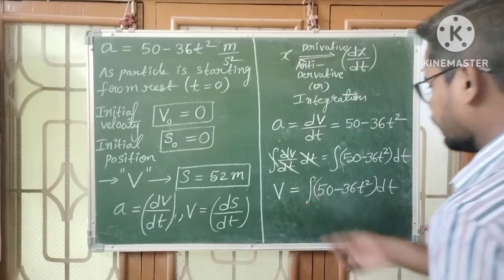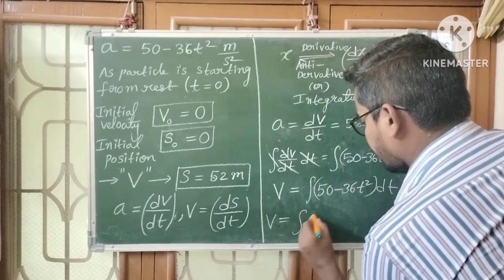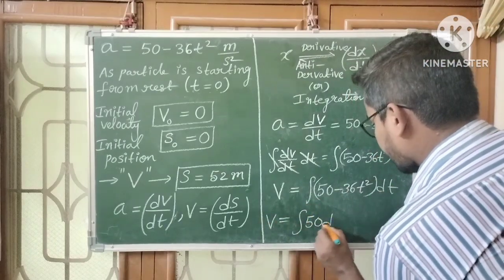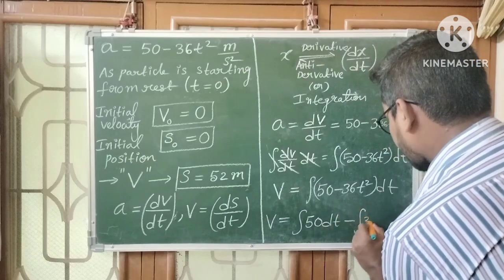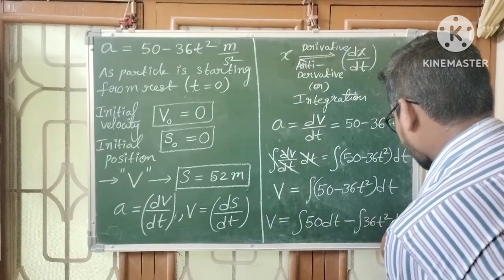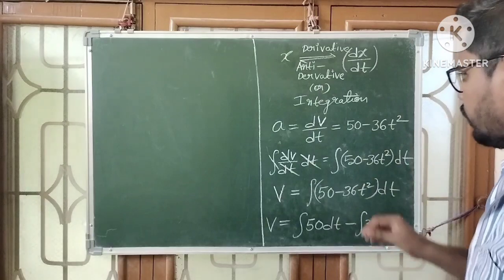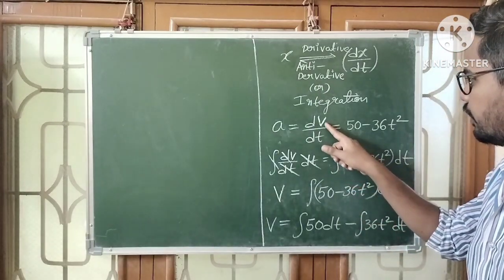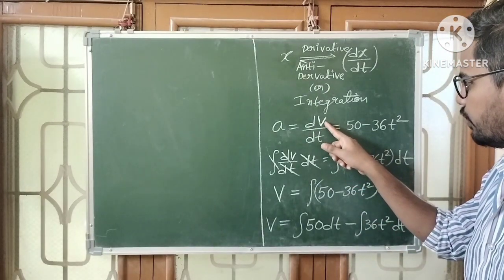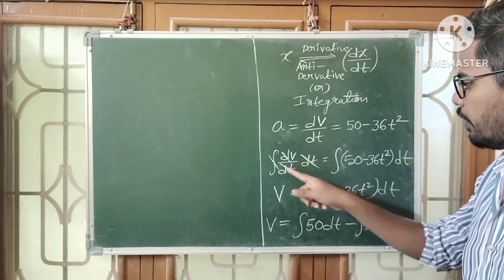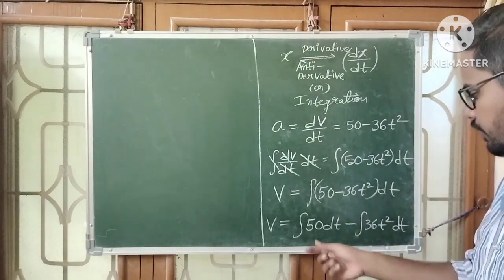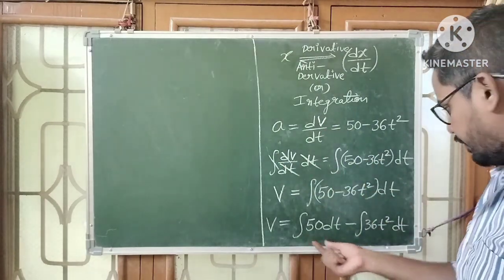Now distribute this integral: v = ∫50 dt − ∫36t² dt. So to eliminate the derivative of v, we simply applied integration on both sides, and this is my last step.